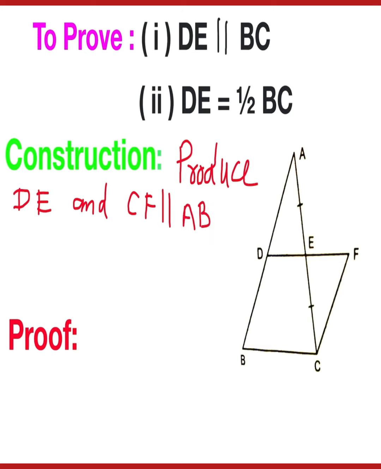For this we can say that CF is also parallel to BD, because BD is a part of AB. If AB is parallel to CF, then we can say that BD is also parallel to CF. So this is the construction.